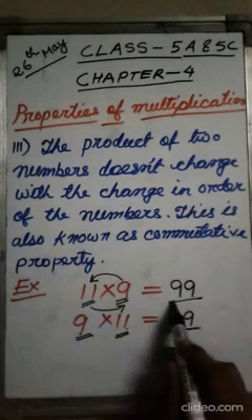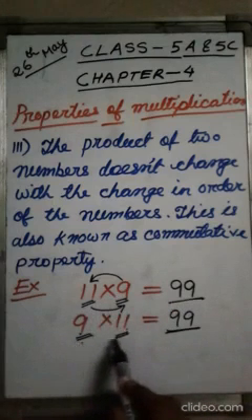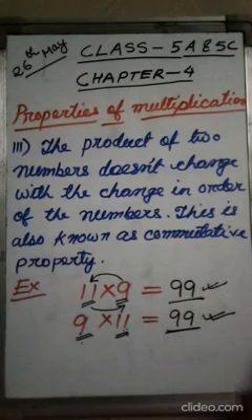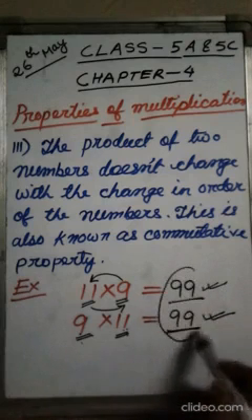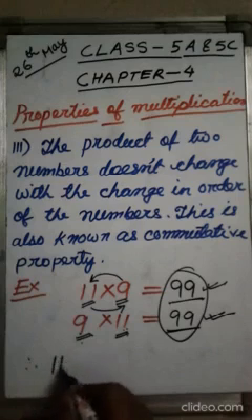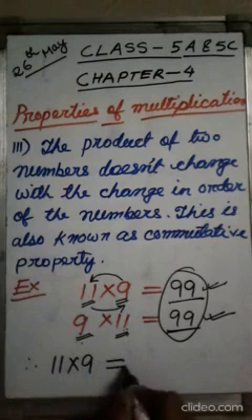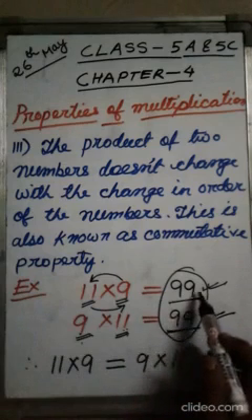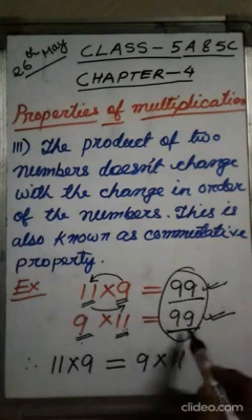So, if we change the order, the product doesn't change. The value remains same. Therefore, 11 into 9 is equal to 9 into 11, because we have same result.